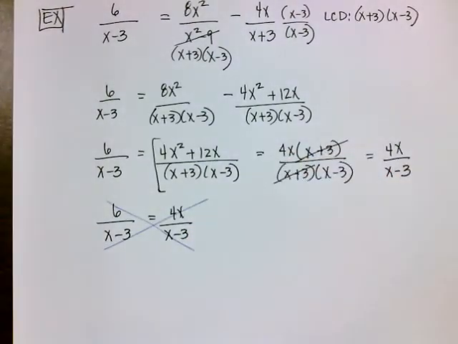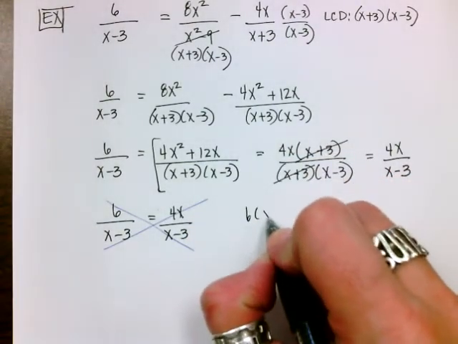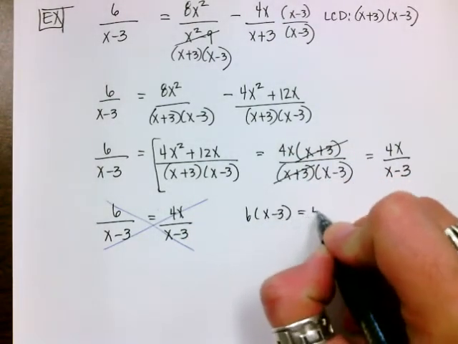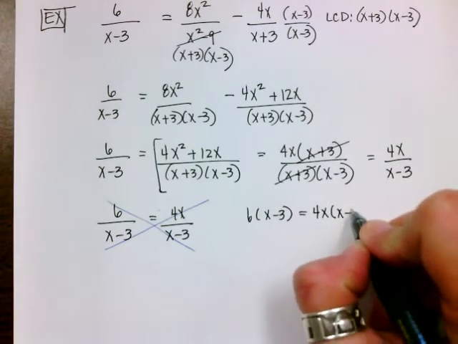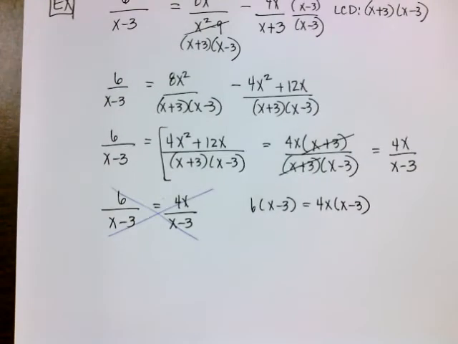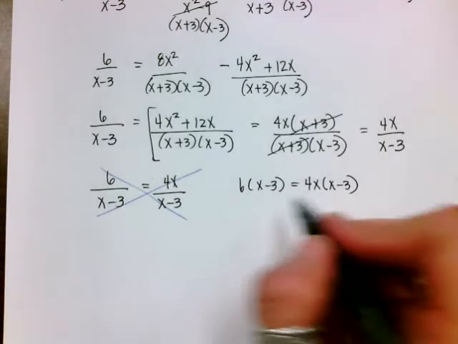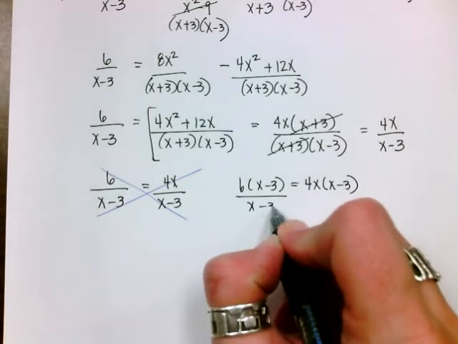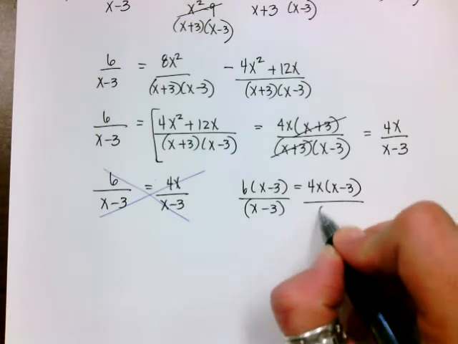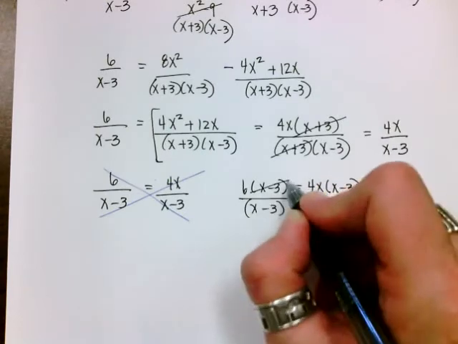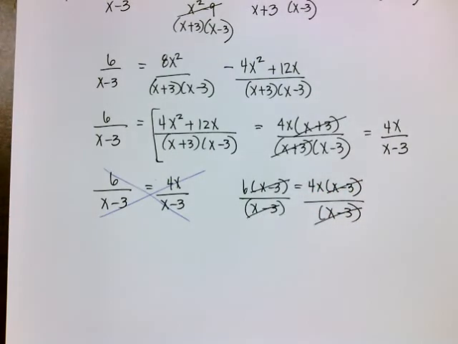If I cross multiply, I'm going to get 6 times x minus 3 is equal to 4x times x minus 3. So if you'll notice, if I divide both sides of the equation by x minus 3, they cancel, right?